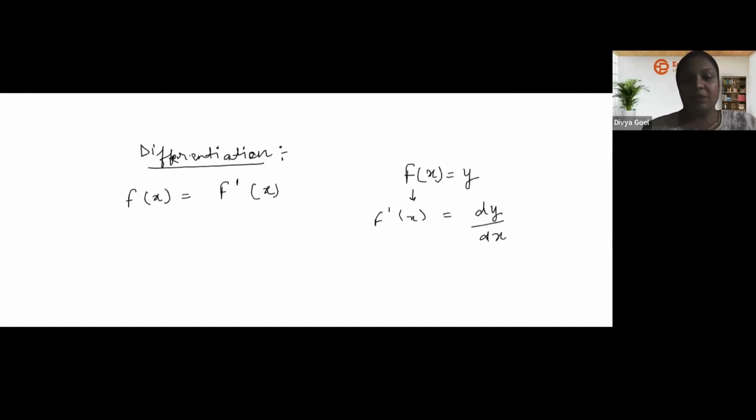Okay, so it means that we are differentiating y with respect to x. Because it is with respect to x, that's why we are taking the dy over dx in the denominator. Okay.